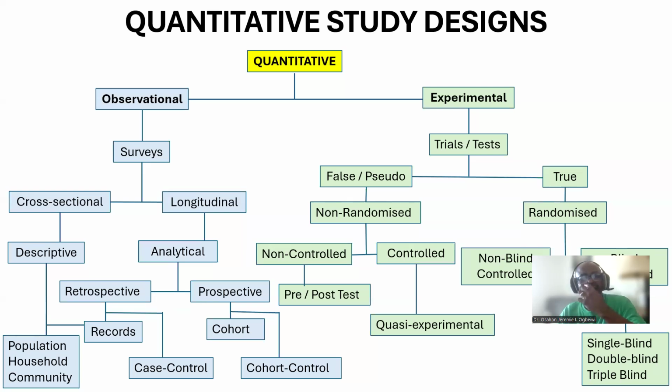Okay, but there is one analytical retrospective study that is called the case control study. In a case control study, you can usually begin from records, but you still go out to interview people concerning their past experiences, where, of course, recall bias might still come in.